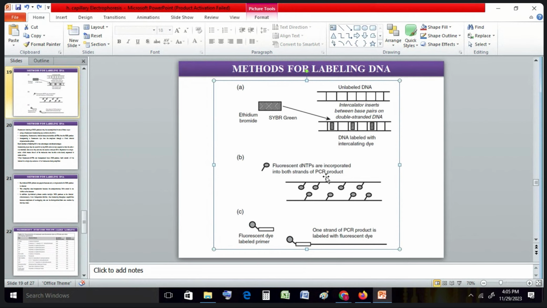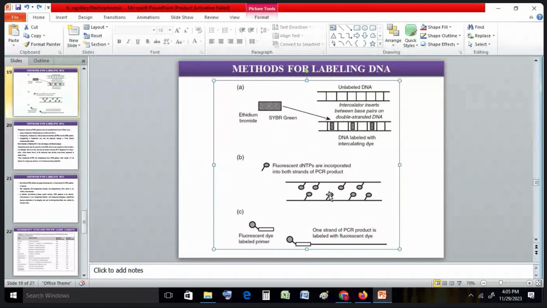All the newly synthesized DNA that will be produced will be labeled with that fluorescent dNTP, and both strands of the DNA. This is the forward strand, and this is the reverse strand. Both strands will be labeled by the fluorescent dye. This is good because it will freshly label your newly synthesized DNA.